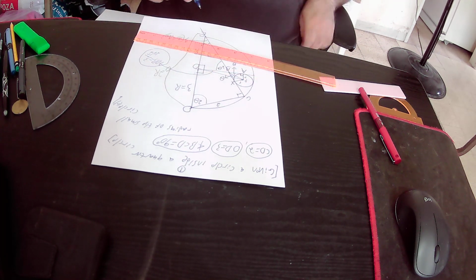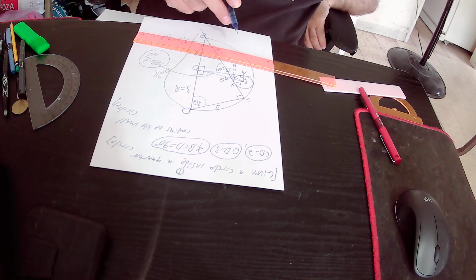So actually, triangle APO is a right triangle because angle OAP is a right angle.